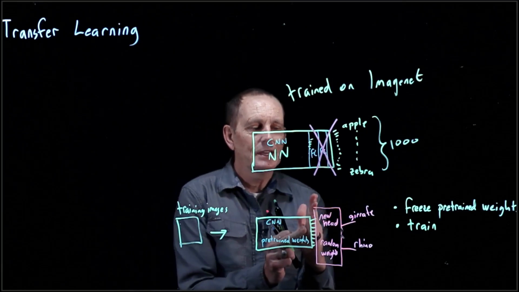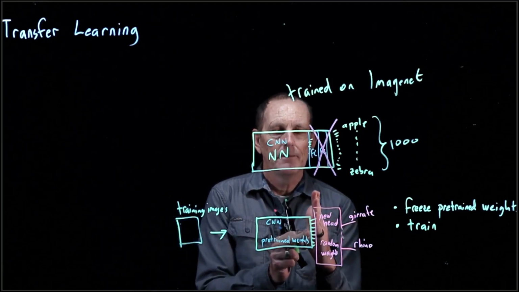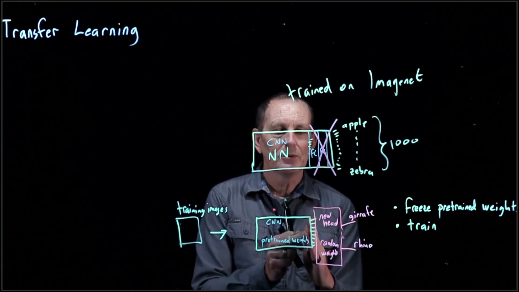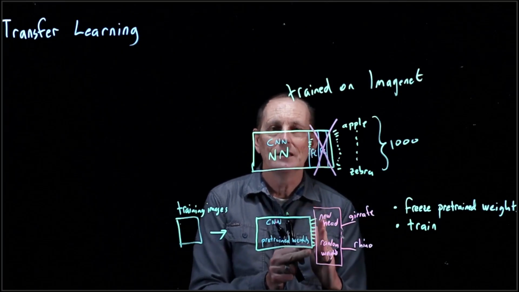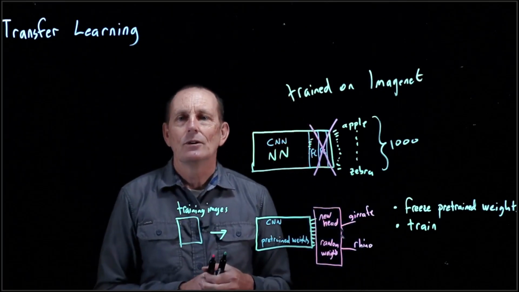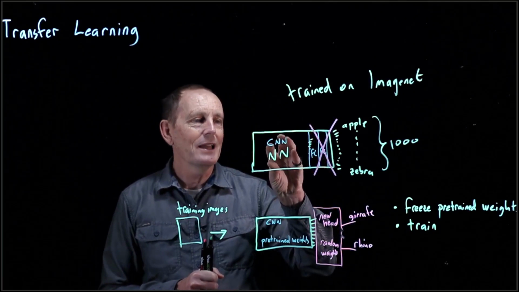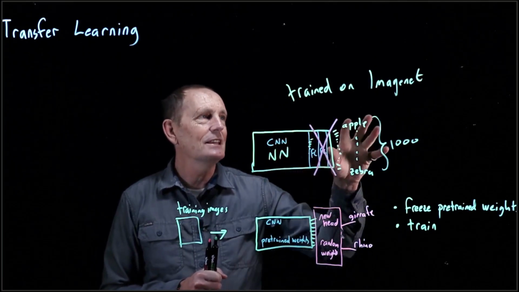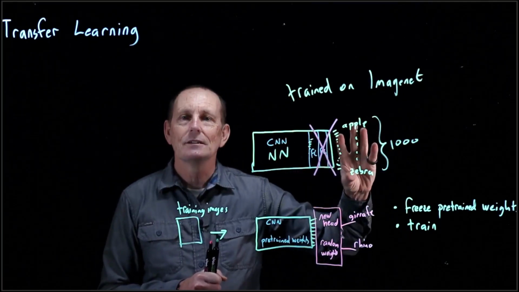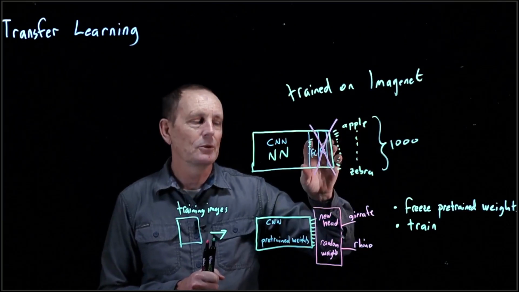And that is, if we think about it, this layer between the pre-trained weights and the new head was predefined by the necessity for the ImageNet categories that we were creating.